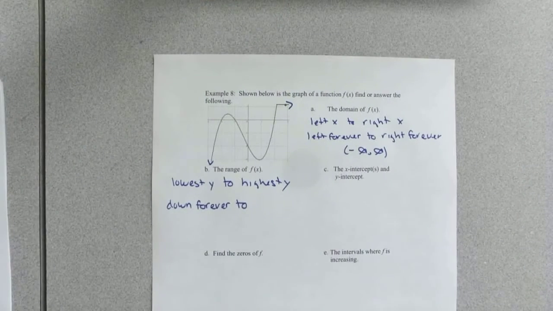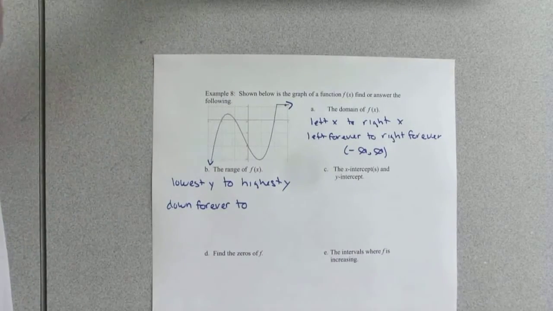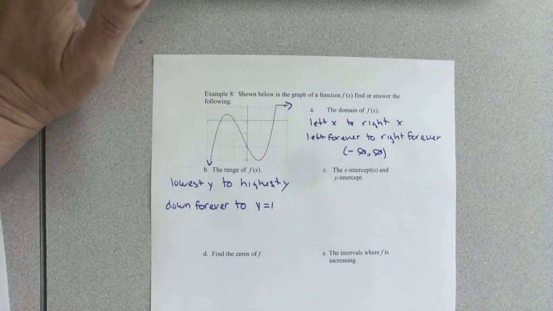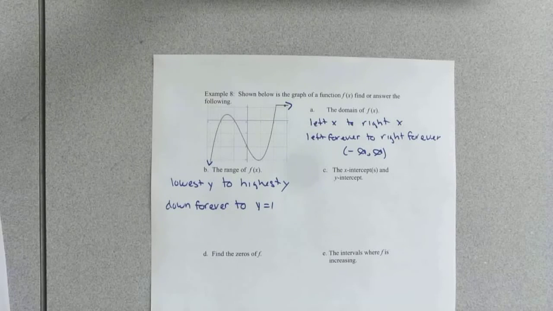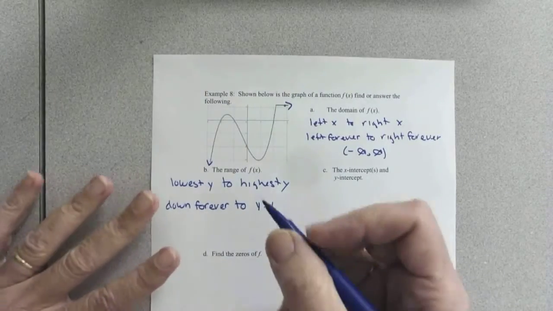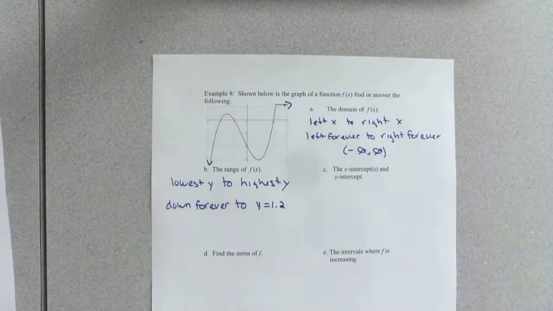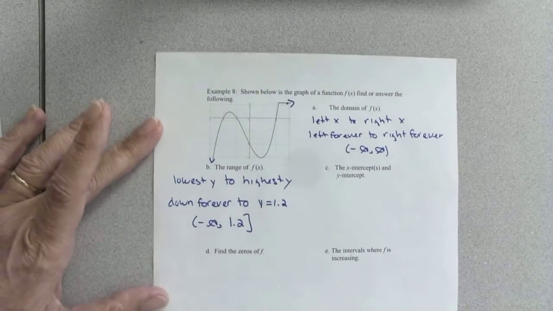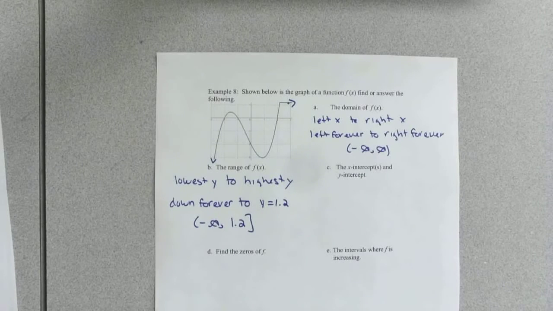I know you can't particularly see, hopefully you have these notes in front of you as you're listening to these videos, but it looks like it's a little bit more than 1, but we'll just call it 1. Again, anytime you're reading from a picture, it's a guess. It probably is a little bit more than 1, so maybe I'll call it 1.2. And so negative infinity to 1.2, square bracket, because it's on that 1.2 line.